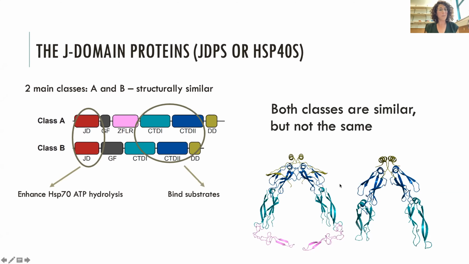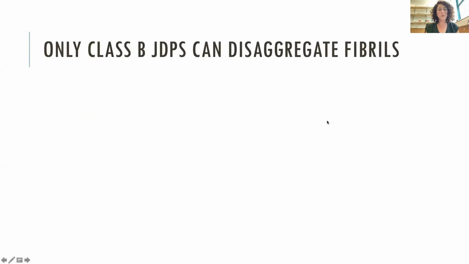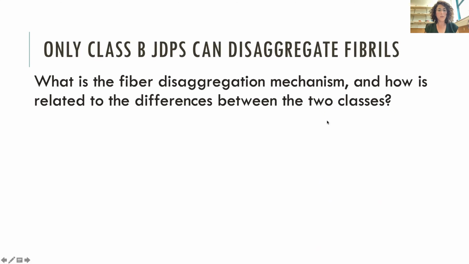So these J-domain proteins, or JDPs, or HSP40s, you'll see them in the literature, are very similar, but these classes are not the same. And like I said, only class B JDPs can disaggregate amyloid fibers. And we wanted to find out what exactly is this fiber disaggregation mechanism and how is it related to the difference between the two classes.